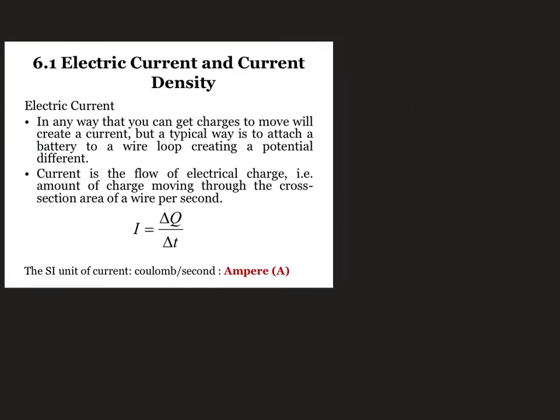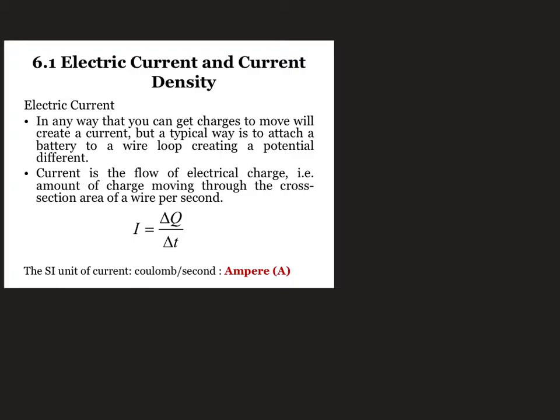So we are going to start with current and current density. We know that the current is represented by I, and the relationship of current with charge is that current is how much charge passes through in a given time interval. For example, if you measure over 2 seconds and you have 50 coulomb, that is the amount of charge passing through in that time interval.